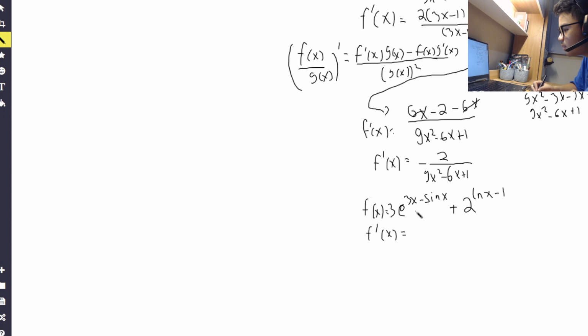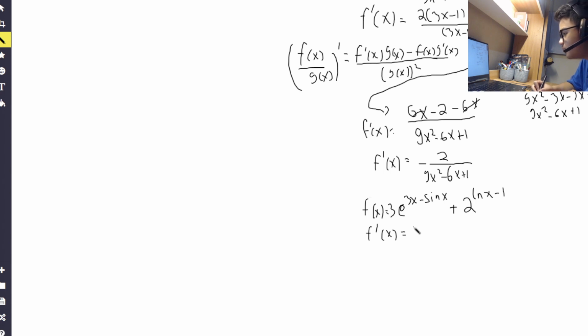We have to think about the derivative of 3x and the derivative of negative sine x. The derivative of negative sine x is negative cosine x, while the derivative of 3x is just 3. So we multiply that with 3e to the 3x minus sine x.